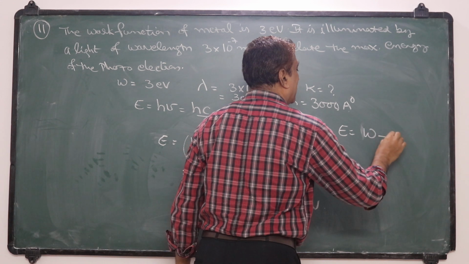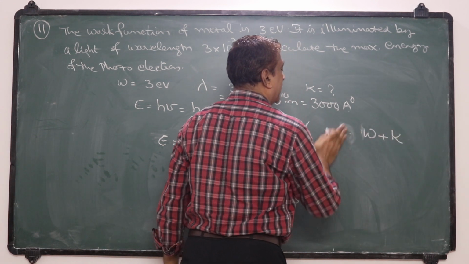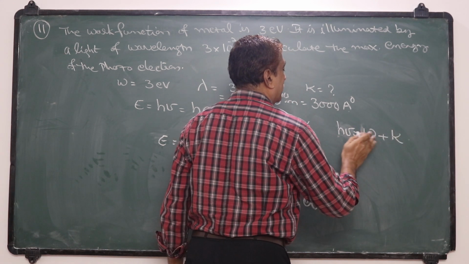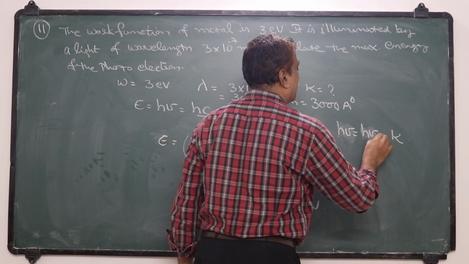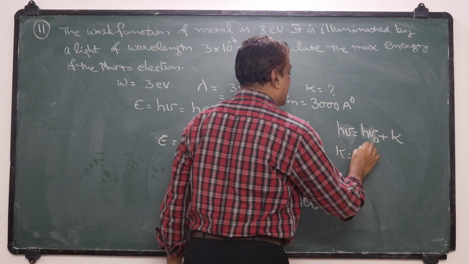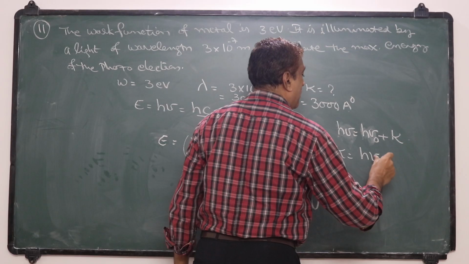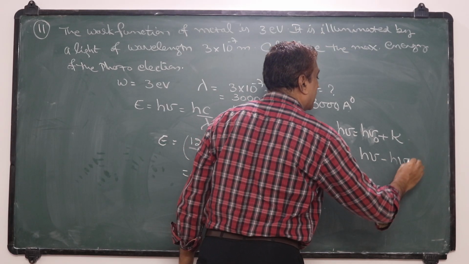work function plus kinetic energy, or we can write h nu is equal to h nu naught plus kinetic energy. So K is equal to h nu minus h nu naught.